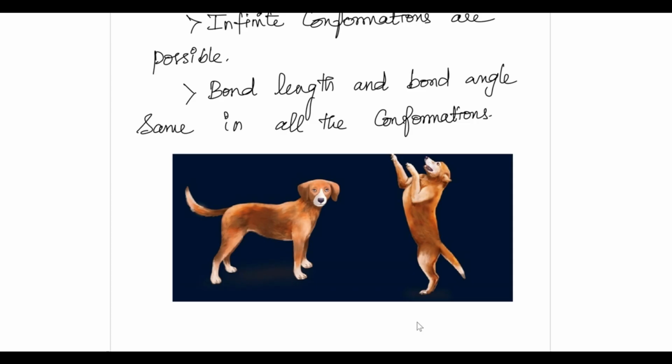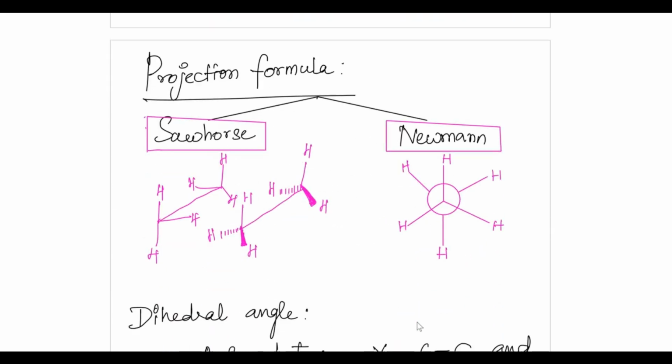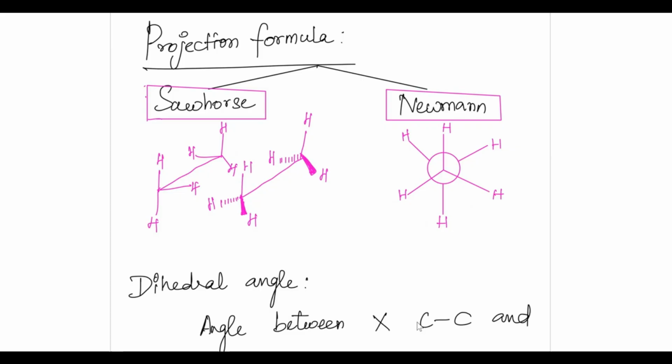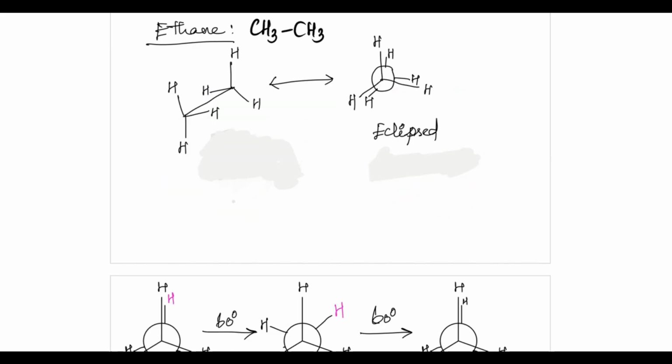Those are conformational isomers, where the bond length and bond angle are same in all the conformers. In ethane, like you can see CH3, CH3, this is an eclipsed arrangement where the dihedral angle is having 0, 120 like that.